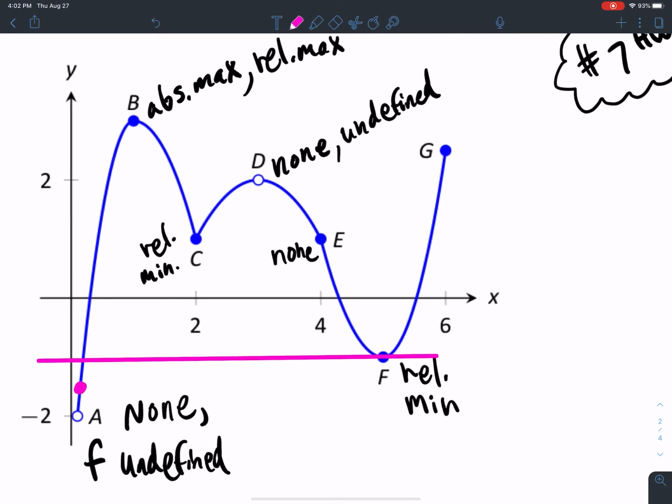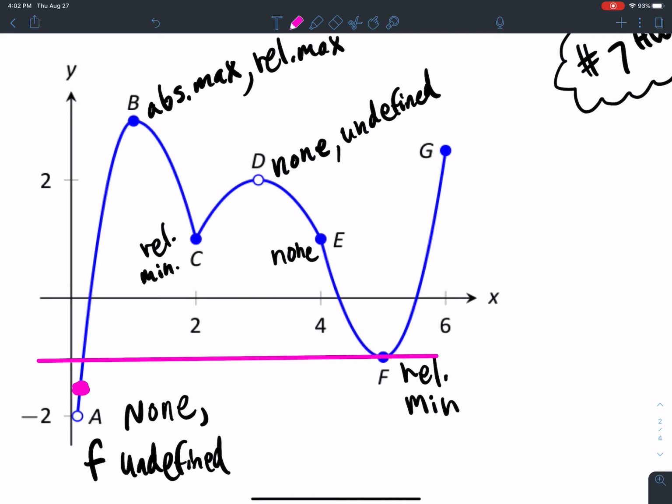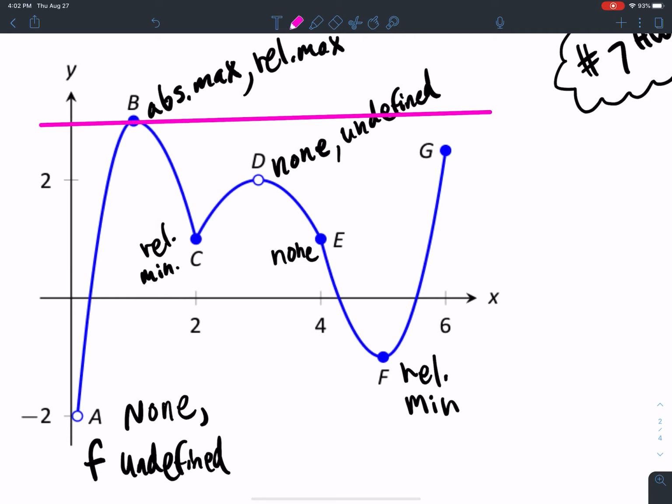We could actually find a y value that's smaller over here, and it's actually defined at that point, okay? So this isn't the absolute minimum, okay? So you always draw that line, see if there's anything above or below it, and that kind of helps you figure out if there's actually a higher or lower extrema.